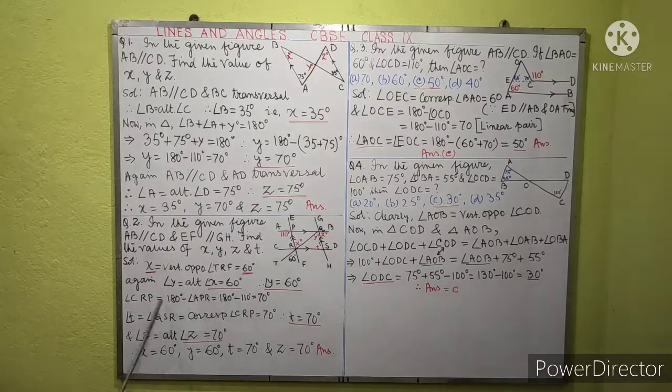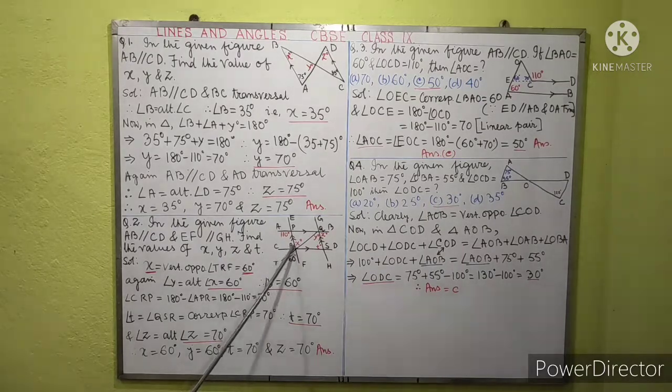And angle CRP and angle APR, they are co-interior angles. So the sum of these two angles will be 180 degree. Therefore angle CRP will be 180 degree minus 110 degree, that is 70 degree.